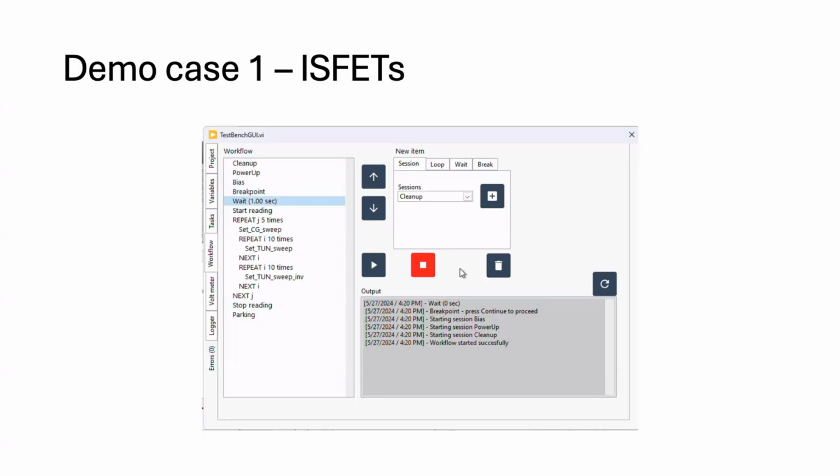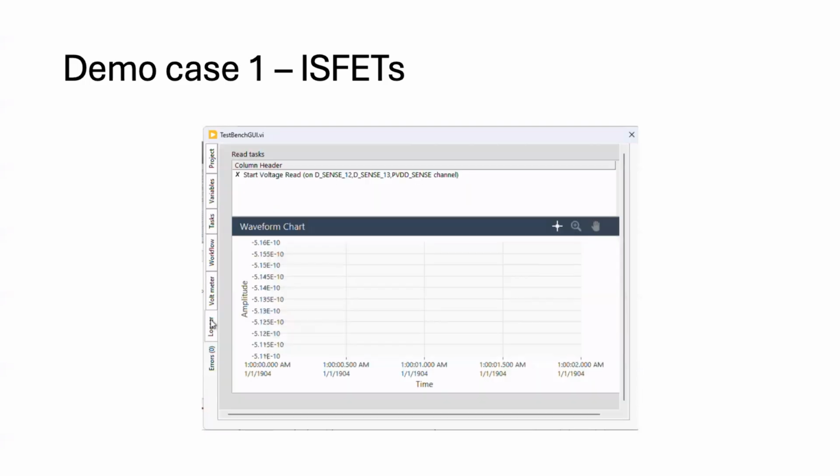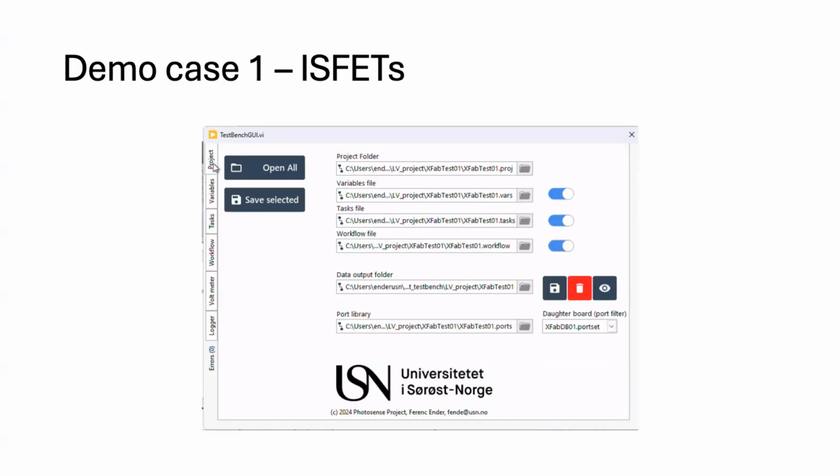Then after waiting, the workflow just starts. So this is how it happens in an automated manner. So that was it. In total, 100 measurements were done. And then in the project folder, you can save the data and check it.